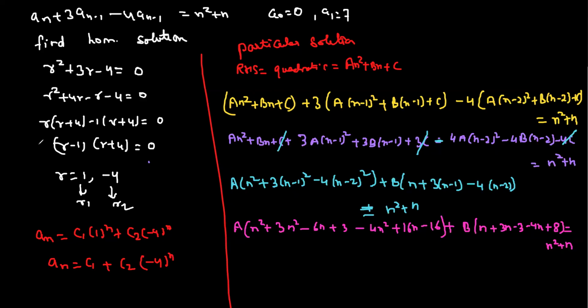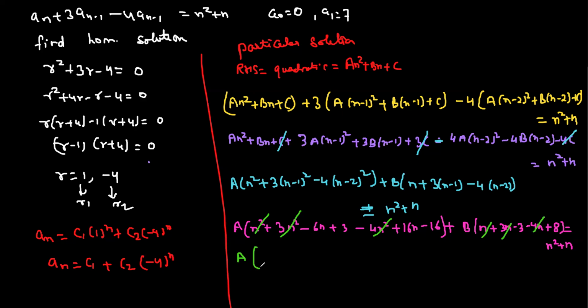Understood? So minus 14 square, this is cancelled out. Right? Okay. Minus 4 and plus 3 and cancel.